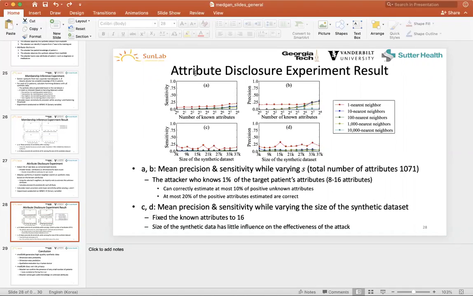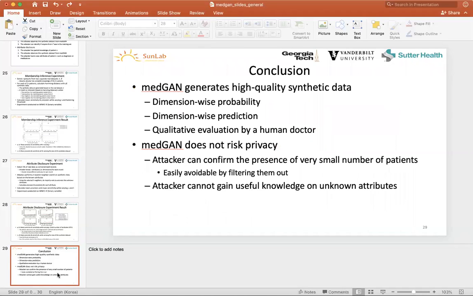Otherwise, you won't be able to trust the portion that you filled in. As an attacker, you can't really trust the information that you filled in, because MedGAN is not simply copying from the actual data.